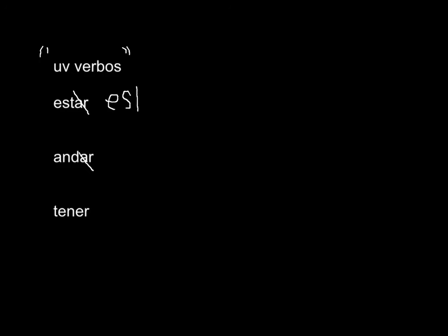And what we end up with is a 5-letter stem, estuv. For andar, it's a 5-letter stem, anduv. And for tener, we're dropping our 4 letters after T, and we have tuv. Again, same endings, no accents. This is the stem for all of the forms.